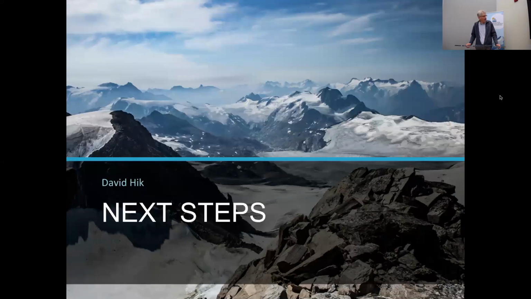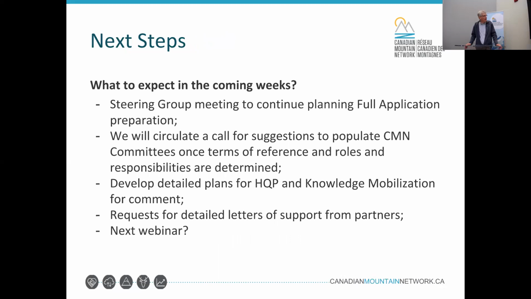So, next steps. The steering group will be involved in providing advice on planning the full application review process and adjudication process and how that will unfold.